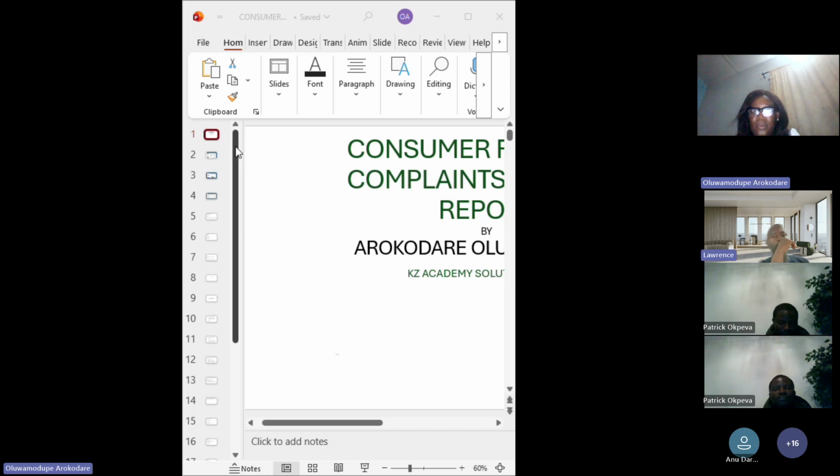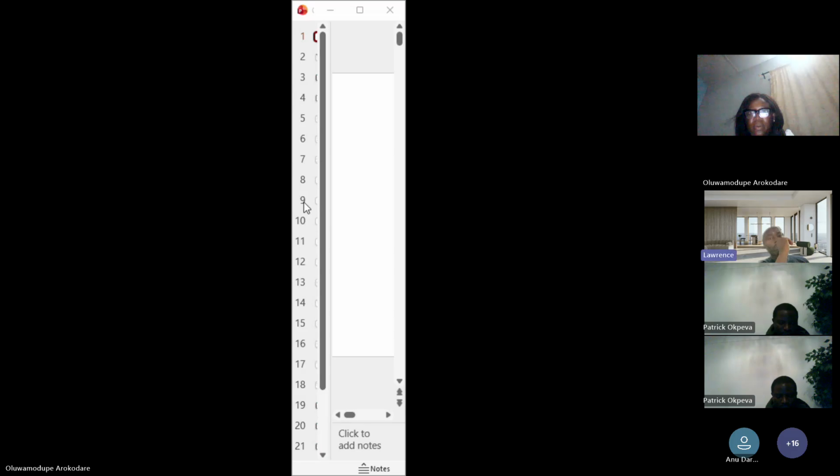Yeah, is it okay now? I still need to expand. Yeah, expand it to the fullest. Okay. I only see half of the page. You can click on that box to expand everything instead of moving it with the mouse.